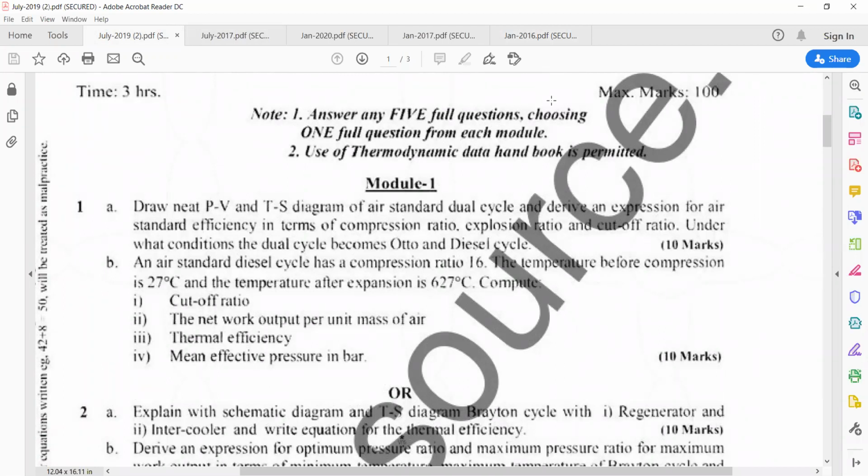Students, you can take this problem as homework. I hope you can see this screen.